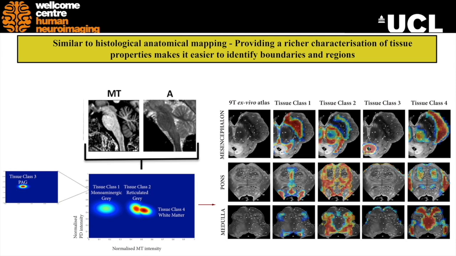In this example here, we focused on the brainstem, where in the past we used magnetization transfer and proton density imaging, and used the combined information across both these images to map out and identify new tissue structures and generate new tissue probability maps. And this lower plot shown here reveals why this works. As you move from grey matter into white matter, you get a progressive increase in myelin density and a progressive decrease in proton density as the cellular packing fraction goes up.